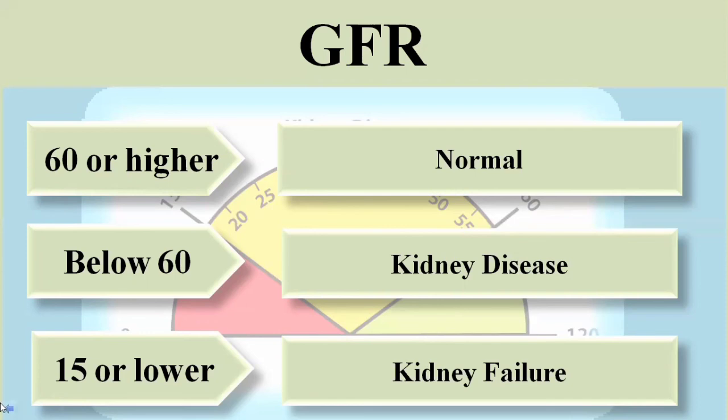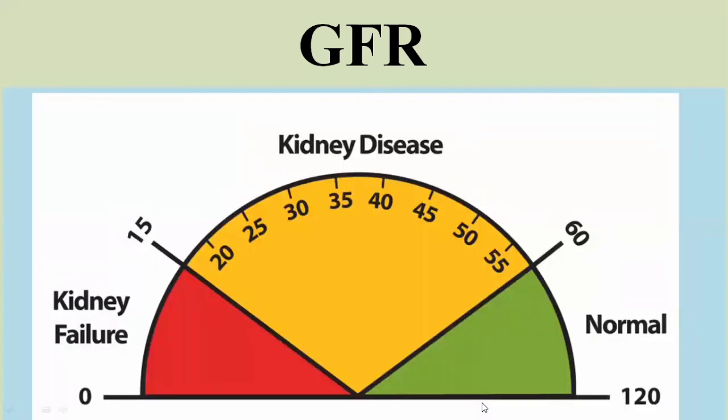So these values are very important to assess the functions of the kidneys and their normal working. If the kidneys or nephrons are not working normally, then their GFR values will be low. So it indicates kidney disease and may indicate severe kidney failure.